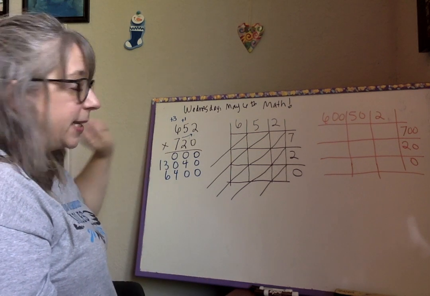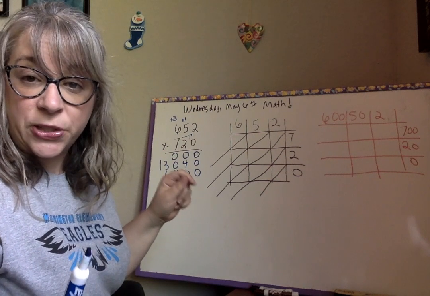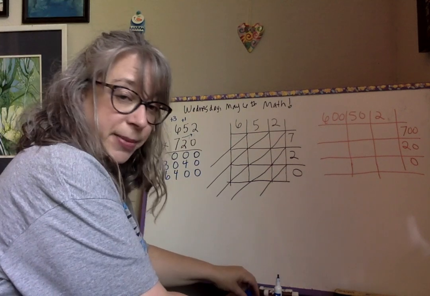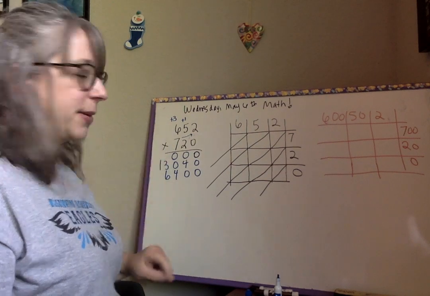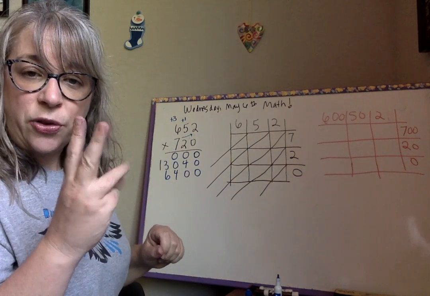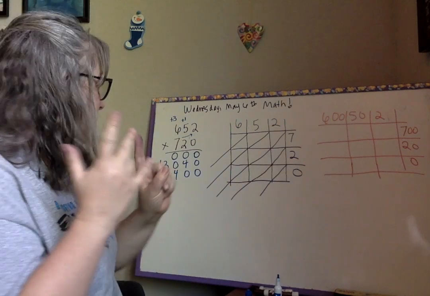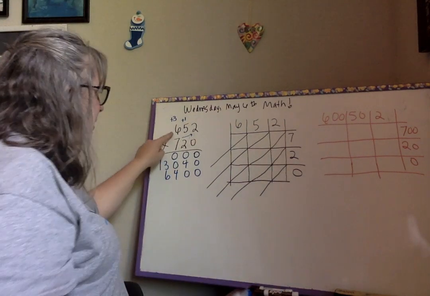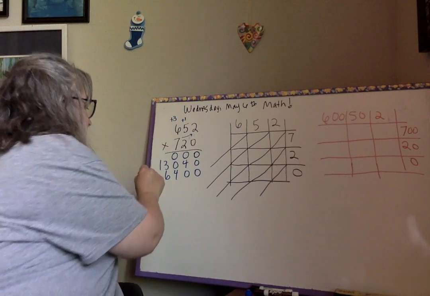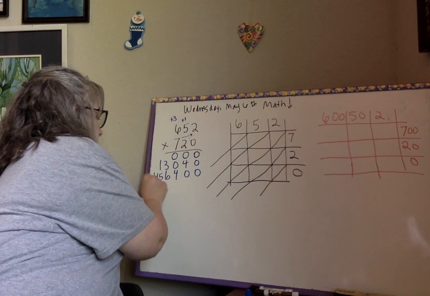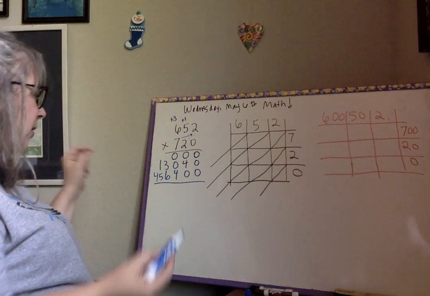And 7 times 6, if you know 6 times 6 is 36, Mrs. Kelly's favorite fact. We have to get to 6 times 7, so 36, 37, 38, 39, 40, 41, 42. So 6 times 7 is 42, plus 3, so 42, 43, 44, 45. 45.